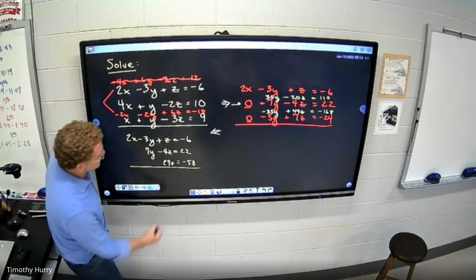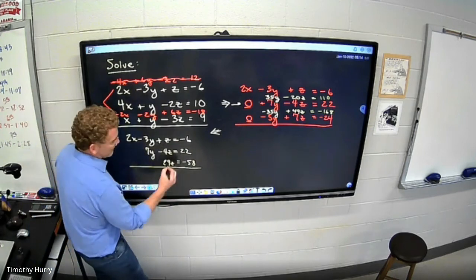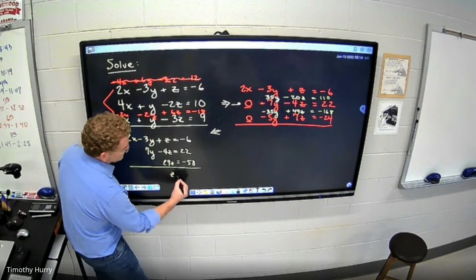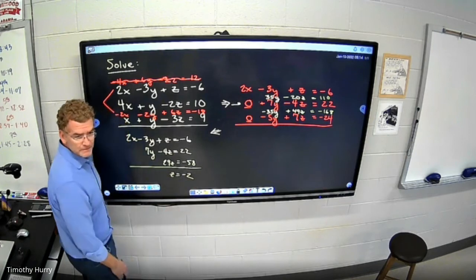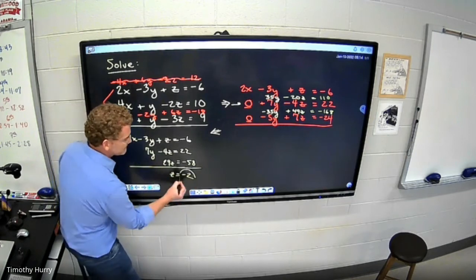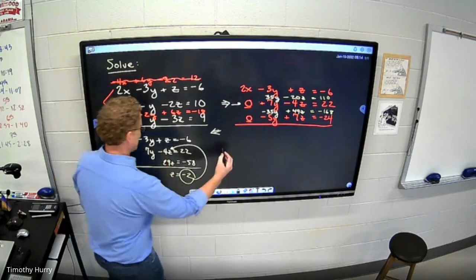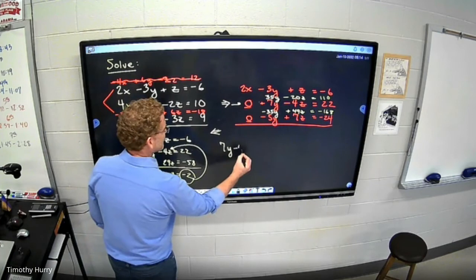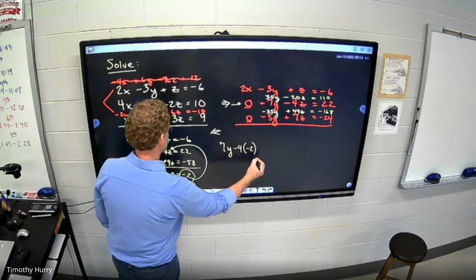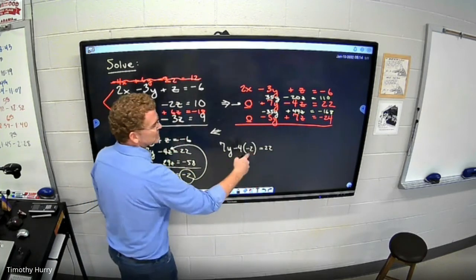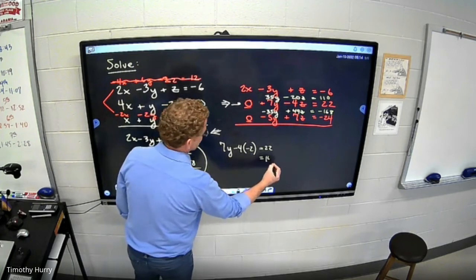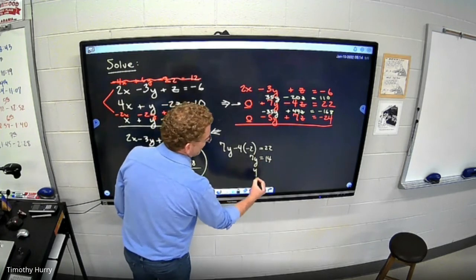And you can see right there when you solve for z now, when I set that and divide by 29, there's my -2. Once you have z, you're going to plug it back in there, and that gives you 7y minus 4 times a -2 equals 22. And when you take that 8 and subtract, you get your y value.